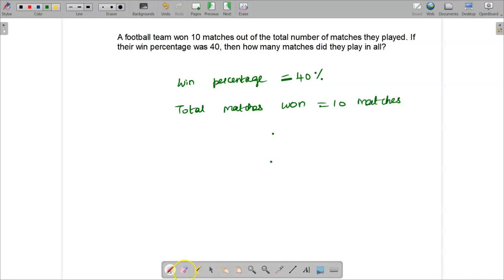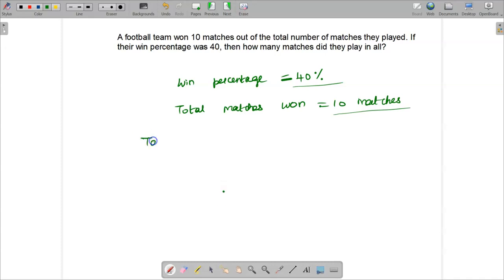Out of some matches, they have won 10 matches, which is nothing but 40%. From these two pieces of information, we can find out the total matches that happened.